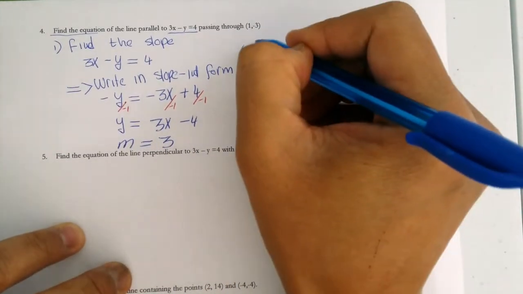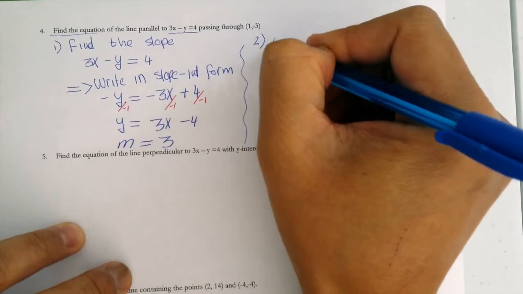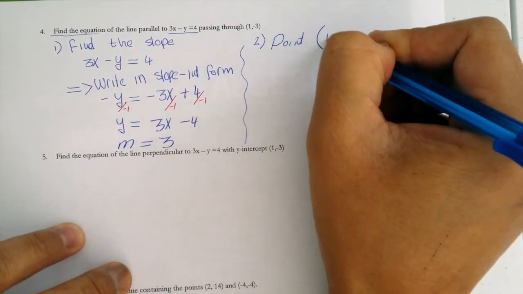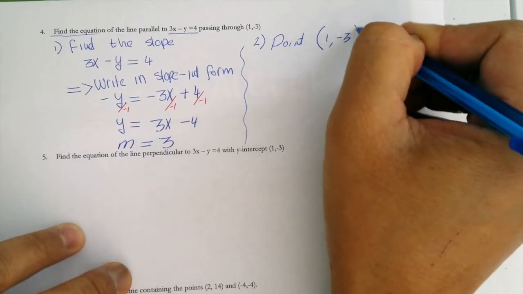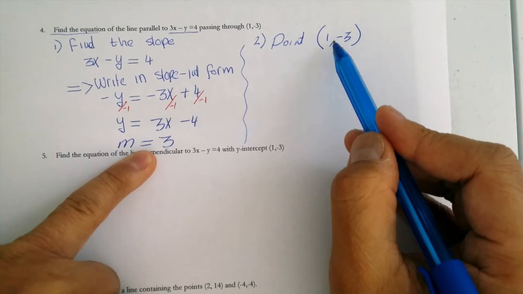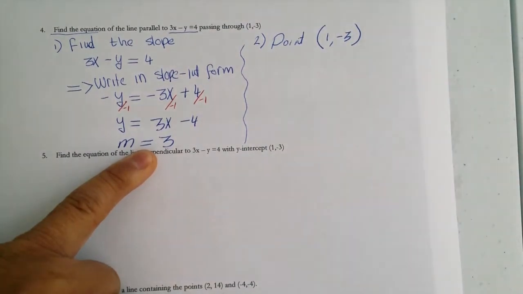The second thing I'll need is a point. I will always need a point when we write the equation of a line. So I have the two things that I need to write the equation of a line. Now I ask myself, which form am I going to use?